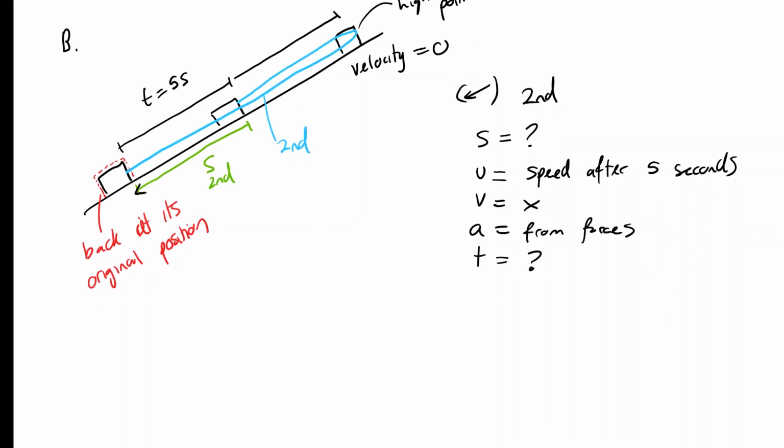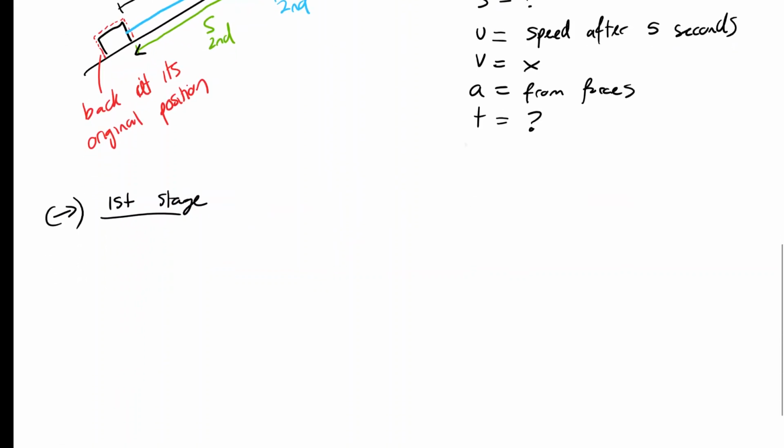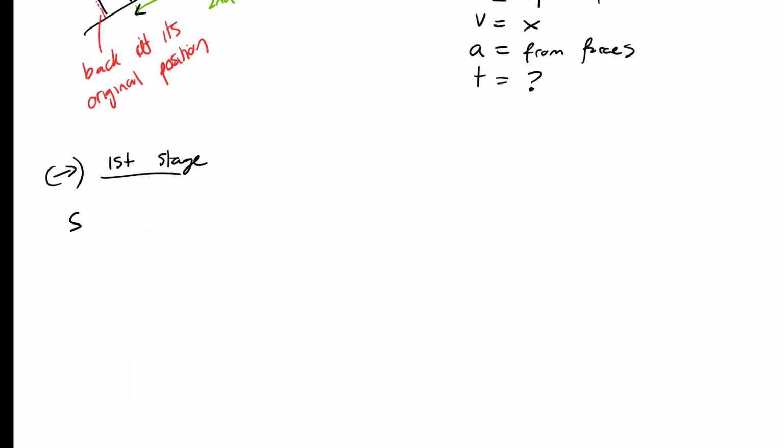So the speed after 5 seconds, well, if we were to look at the first stage, the first 5 seconds, and we'll take upwards to be positive. S, U, V, A, T. We don't really care about how far this travels just yet. The initial speed's 0, the whole problem starts from rest.